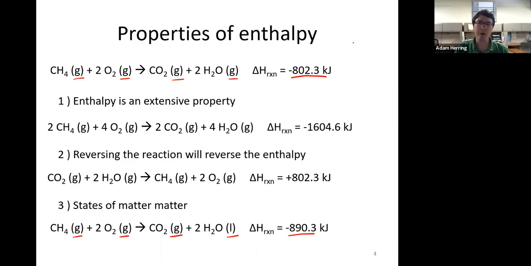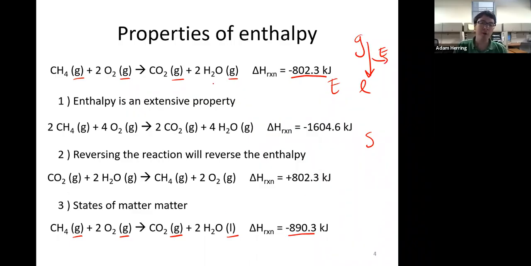Well, remember that if we look at the energy of a gas versus a liquid versus a solid, a substance that is gaseous has higher total energy than that same substance if it were a liquid. And in order to change from a gas to a liquid, for it to condense, that must release energy into the surroundings.